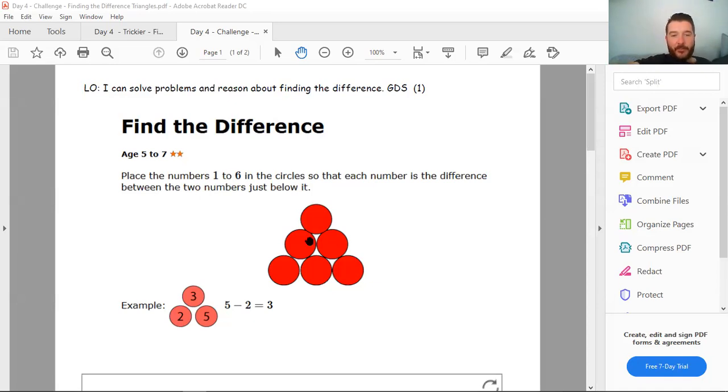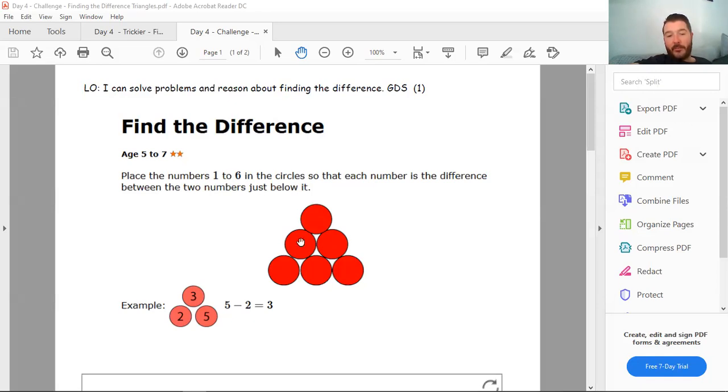So for example, we've got an example here. 2 and 5, the difference is 3. So 3 would go above it. So you need to place the numbers 1 to 6 in those circles so that the number above is the difference between the two underneath it. So 2 and 5 could go there with 3 there.